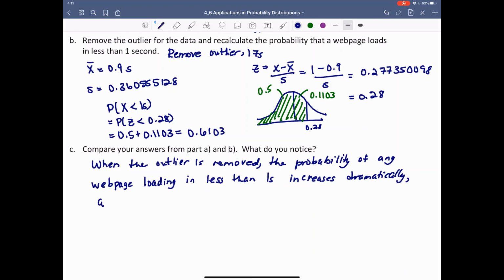And that's as its mean drops to below 1 second.